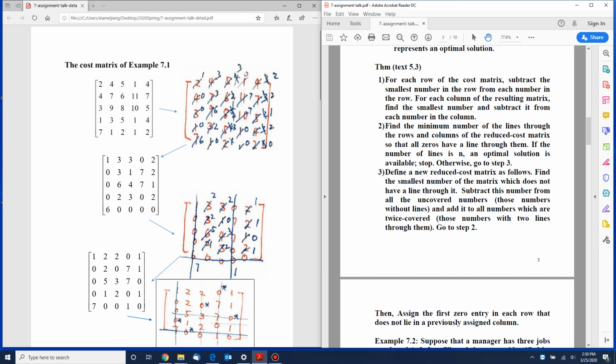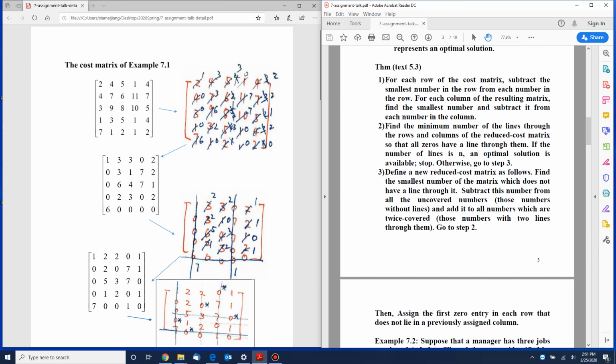And the second column has 3, 3, 6, 2, 0. In this way, we keep it, since the smallest number is 0. And the third column, we have 4, 2, 5, 4, 1.